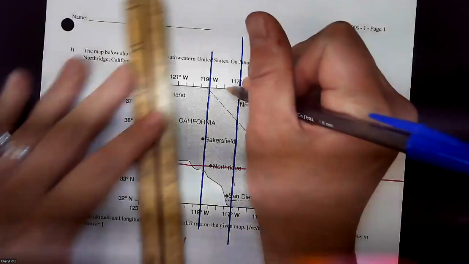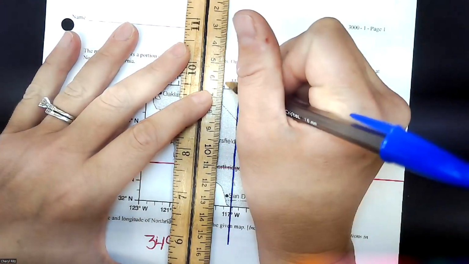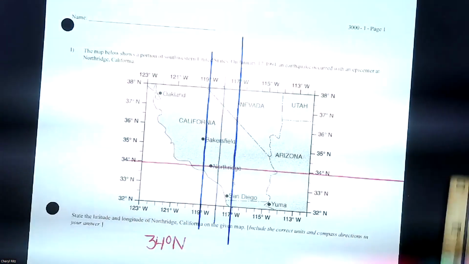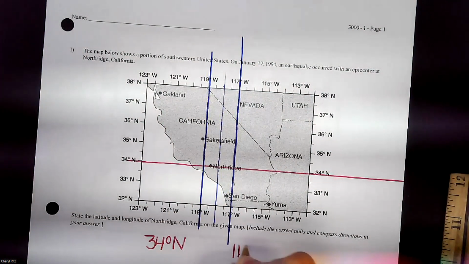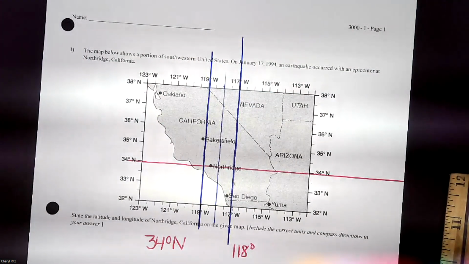118, thank you. So 118 is that line right there. What do you notice about Northridge? In the middle of 118 and 119. So we know our answer is going to be 118 to start with. You want to pick 119?